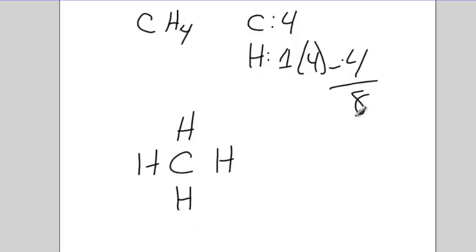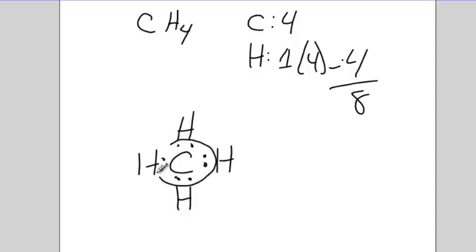Now we distribute our electrons following, if we can, what's called the octet rule. The octet rule, octet meaning 8, right? The octet rule is give everybody 8. So I put 1 there, 1 there, 1 there, 1 there, 1 there, 1 there, 1 there, 1 there. Now remember, this is covalent, so they're sharing.